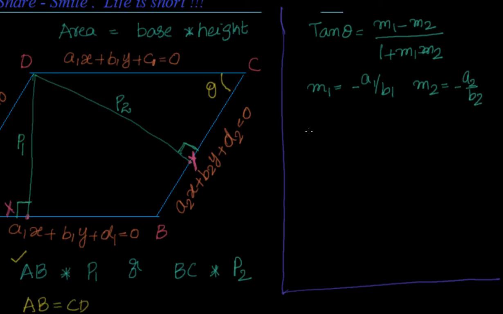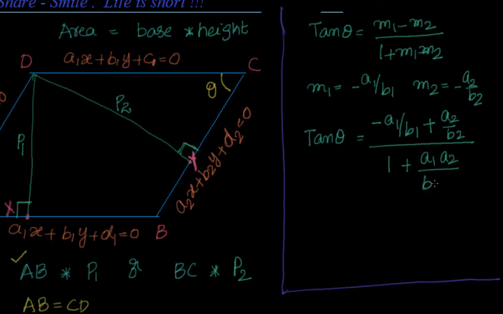Once you substitute the m1 and m2 values, tan theta is minus a1 by b1 plus a2 by b2, divided by 1 plus m1 m2, that is 1 plus a1 a2 divided by b1 b2.